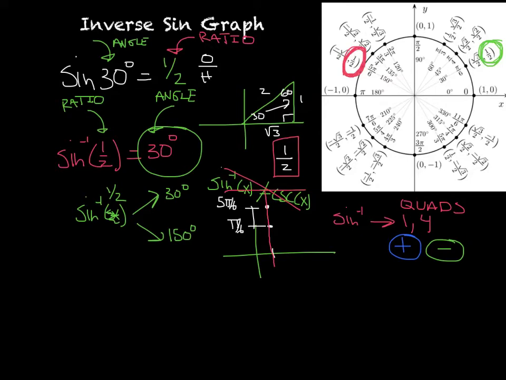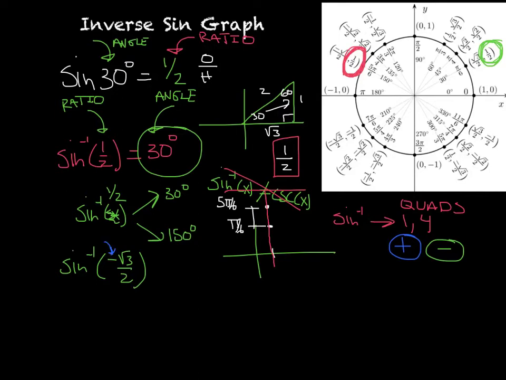For negative, quadrant 4. So let's just say we give you the inverse sine of negative root 3 over 2. All right, I see a negative right here.